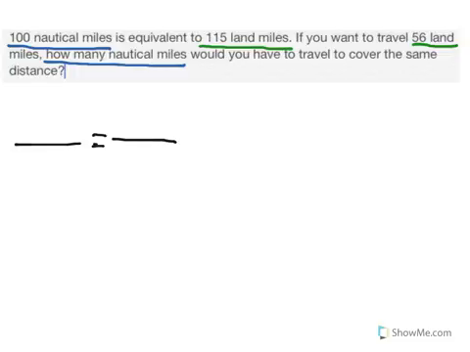So what I think I'm going to do is I'm going to put the nautical miles, our known ratio, and put that over our land miles with the known ratio. And then in the second fraction, we have the nautical miles that we want to travel and the land miles that we want to travel.